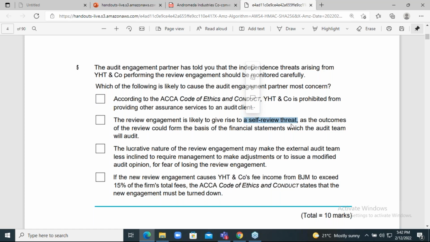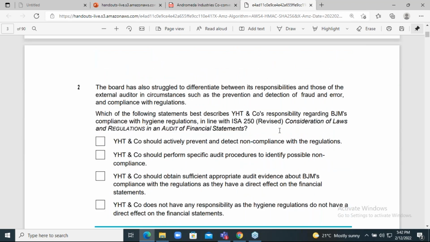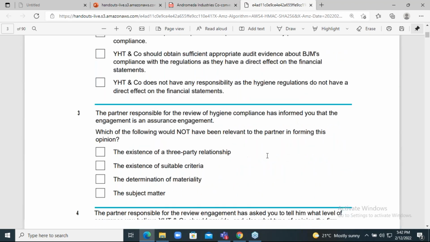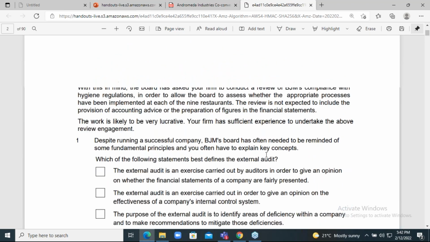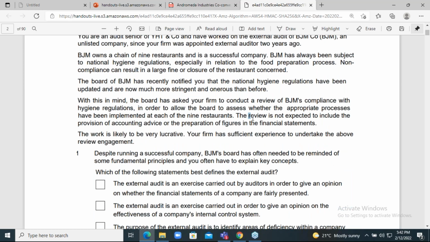Why is this incorrect? Because in the data it was mentioned that this review is not expected to include the provision of accounting or the preparation of figures in the financial statement.